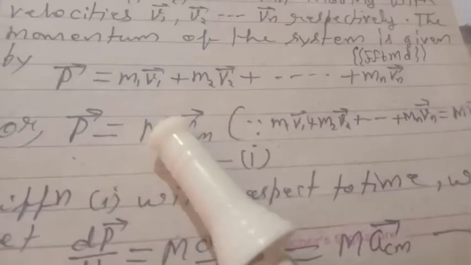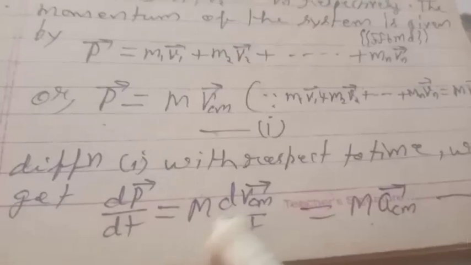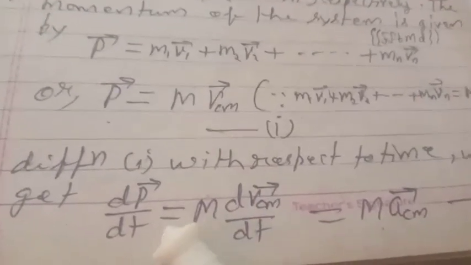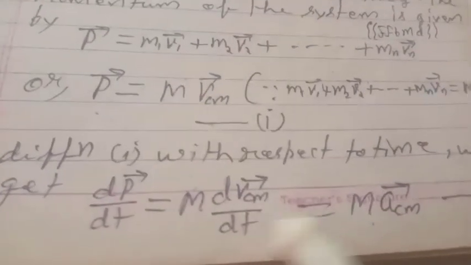So P equals M into V_CM, equation 1. Differentiating 1 with respect to time, we get dP by dt equals M into dV_CM by dt, because M is constant, so it comes out of the differentiation, and dV_CM by dt equals acceleration, so we write M into A_CM, or dP by dt equals M into A_CM, equation 2.